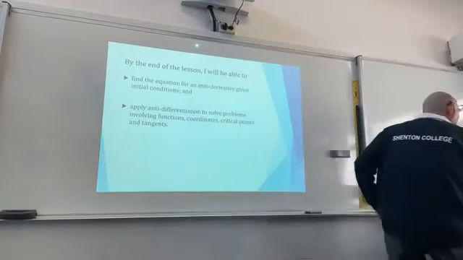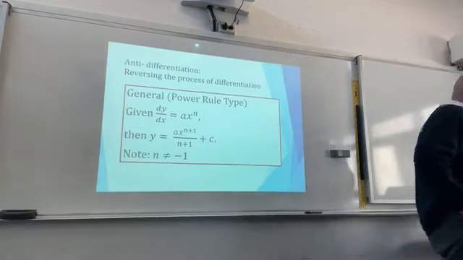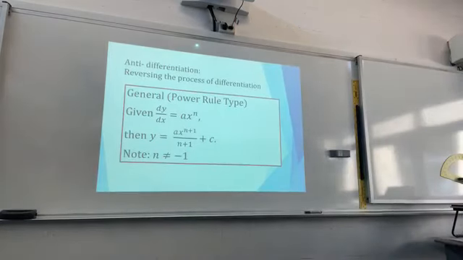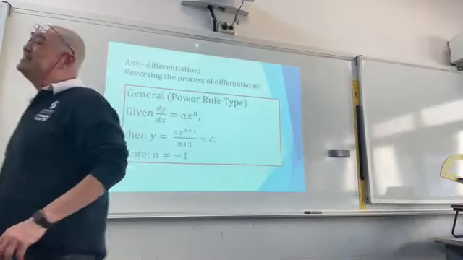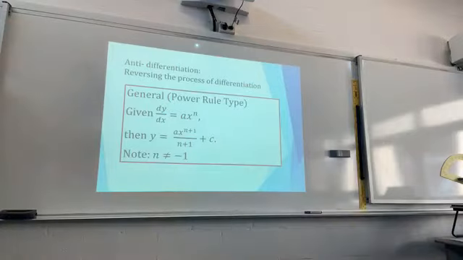Now, just recall from yesterday, when we reverse the process of differentiation, the anti-differentiation, at this stage, we learn how to use the power rule. So if you know dy/dx equals ax to the power of n, y is therefore ax to the power of n plus 1, divided by n plus 1.